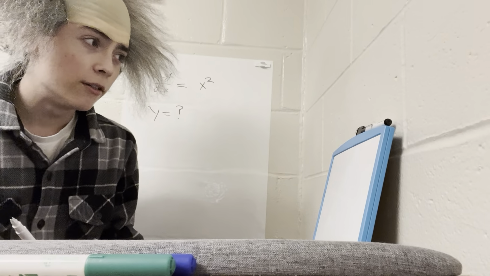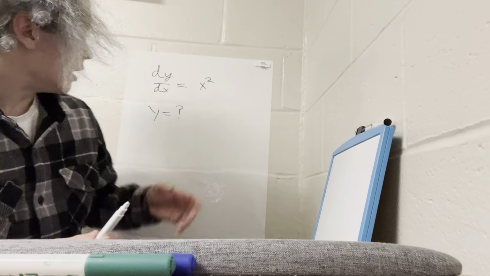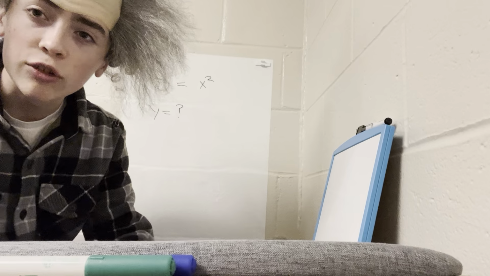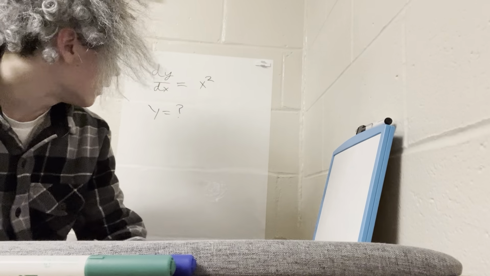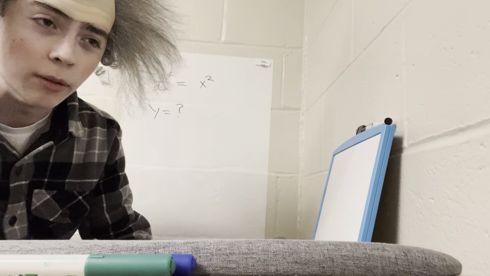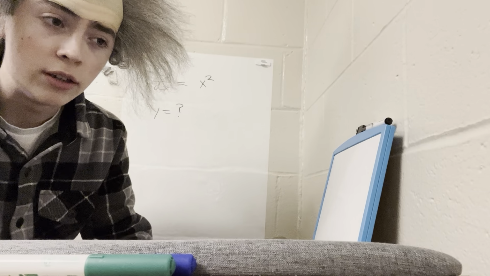If this is a rate, dy dx, a derivative, it gives you a rate of change, and foreshadowing, we're going to use integrals to find not only y, the antiderivative of dy dx, but we're also going to be using y or dy dx in this differential equation method to find numerical results for this, right?